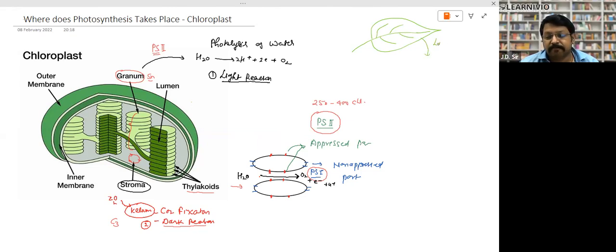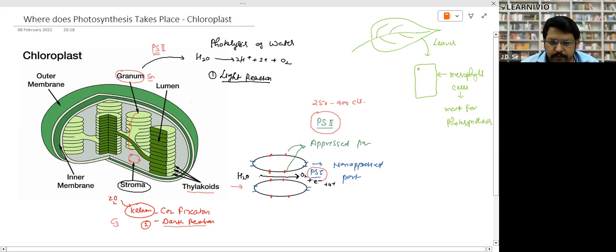Leaves have a particular kind of cell which is responsible for photosynthesis, the mesophyll cells.